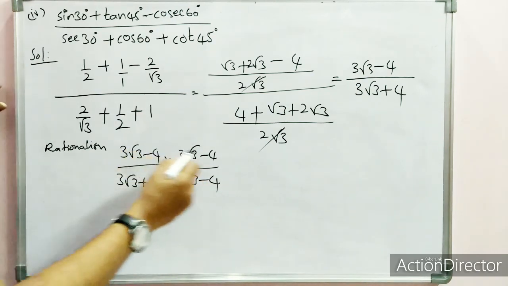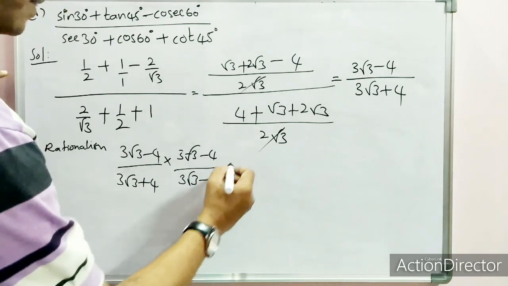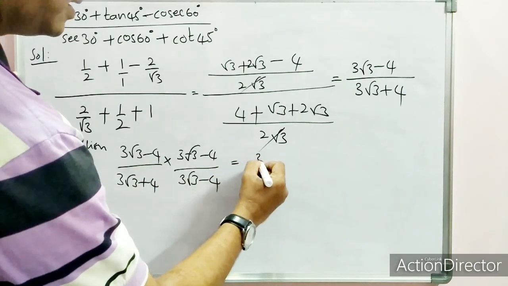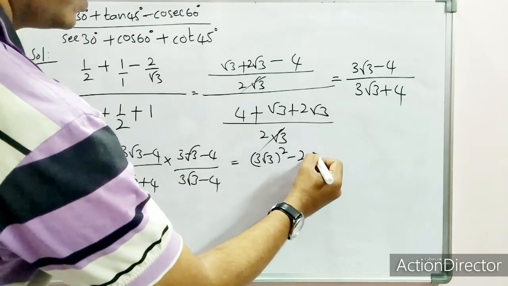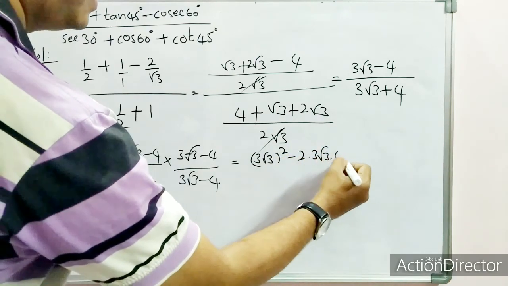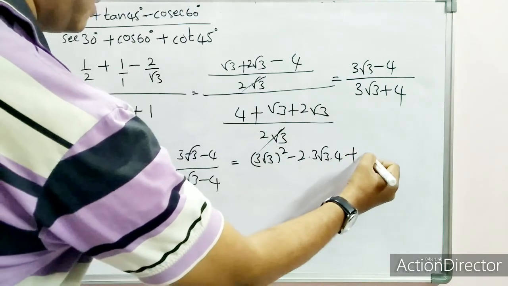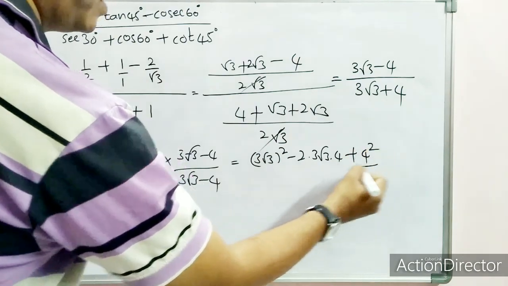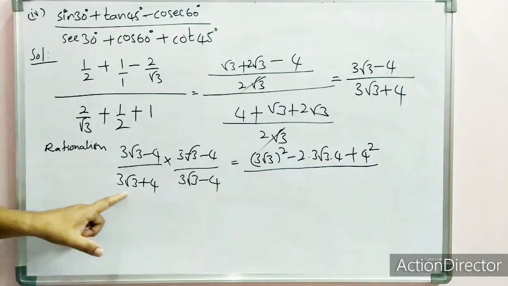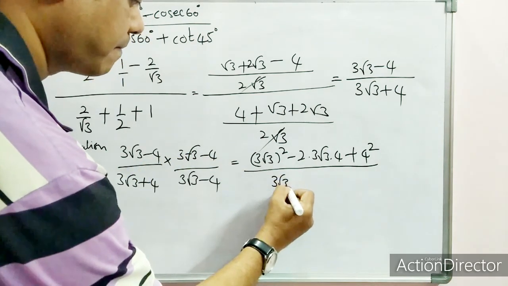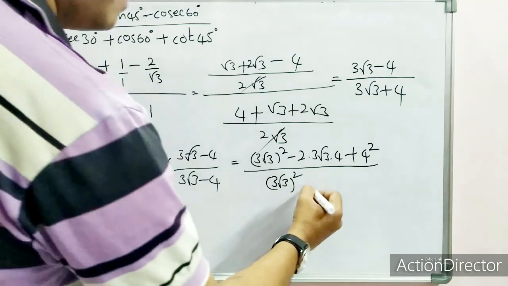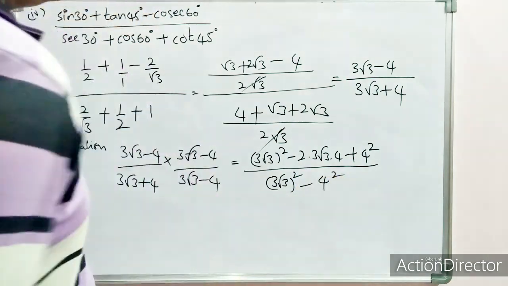Now you see, it will be the a minus b whole square formula, that is a square, 3 root 3 whole square, minus 2ab plus b square, that is 4 square, by, this is a plus b into a minus b, so a square minus b square, it is 4 square.